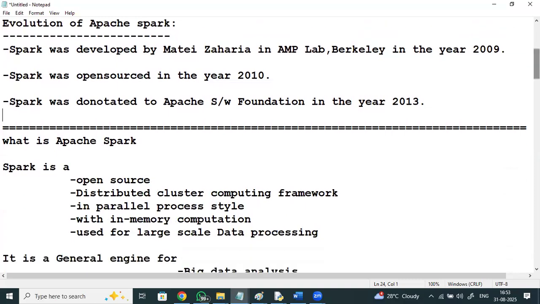Defining Spark, as I have already said: it is open source distributed computing, parallel processing with in-memory computation, used for large-scale data processing.